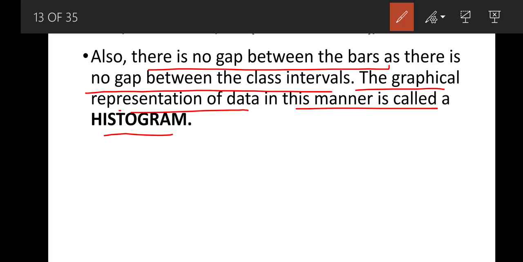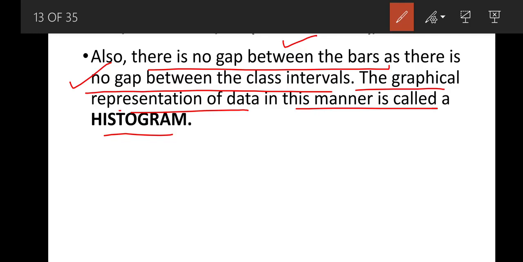In a bar graph, there are gaps between the bars. But in histograms, there is no gap between the bars, as there is no gap between the class intervals. We have taken the intervals 0 to 10, 10 to 20, continuous intervals, so that is why there will be no gap between the bars.